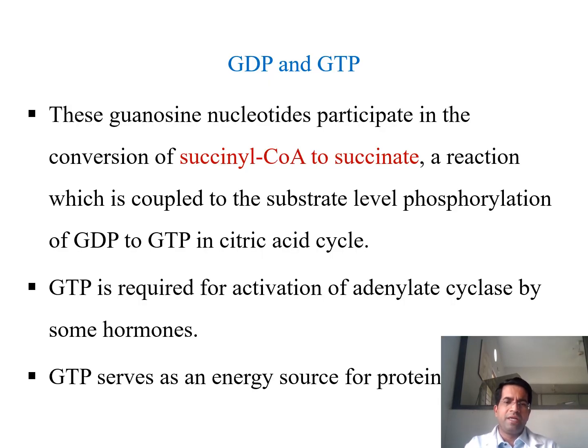Next, GDP and GTP. GDP is guanosine diphosphate, and GTP is guanosine triphosphate. Like ATP, GTP is also a source of energy. GTP is formed in one reaction of the TCA cycle where succinyl CoA gets converted to succinate.